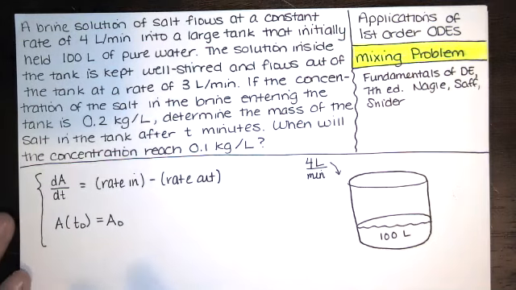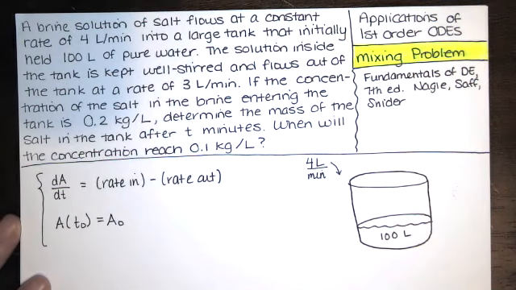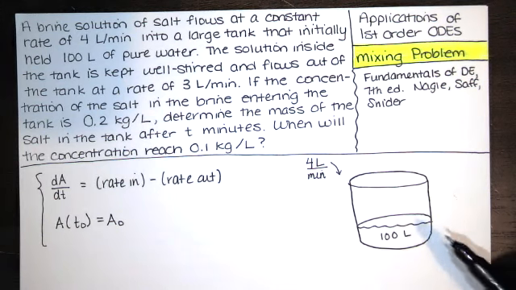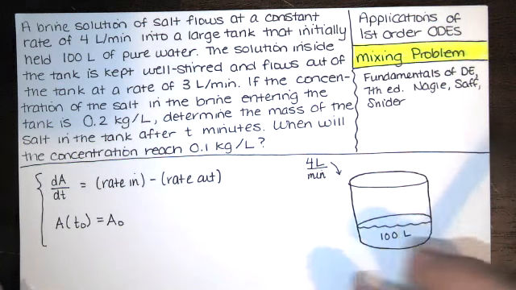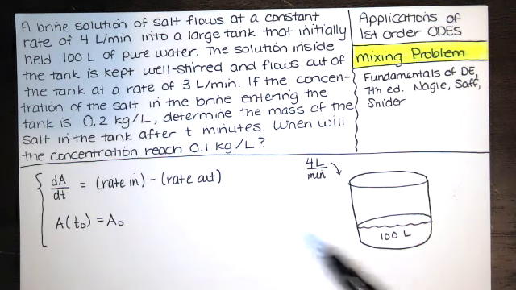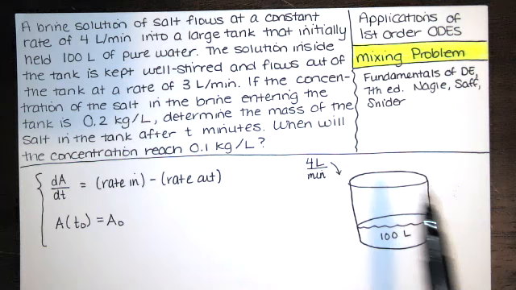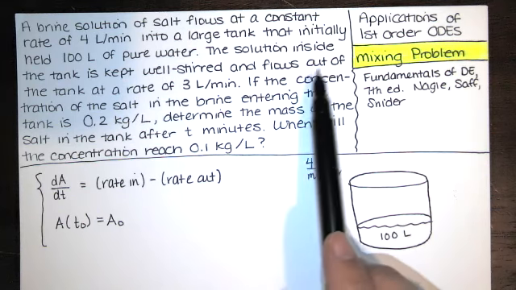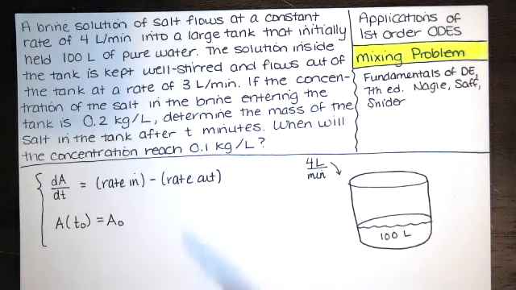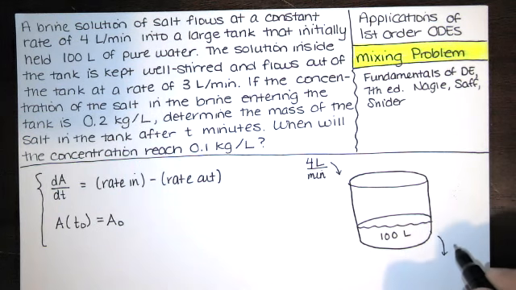Then the problem statement says the solution inside the tank is kept well stirred. So that just means that there's no big chunks of salt over here that aren't over here. Everything is evenly distributed. The concentration is identical throughout the entire solution. So it's well stirred, and it flows out of the tank at a rate of 3 liters per minute. And that's significant.